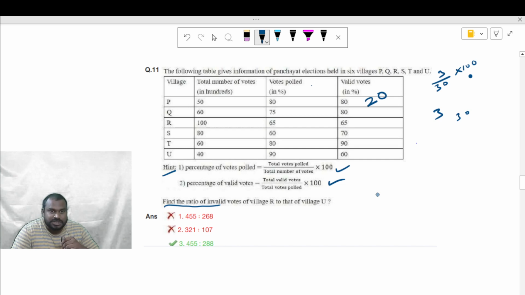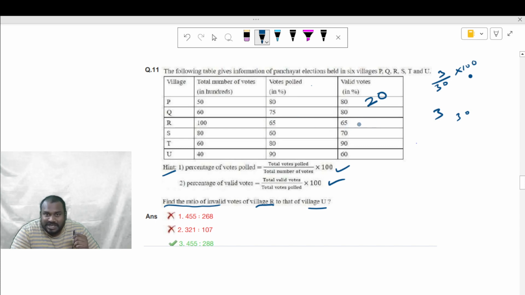Now coming to the question, you are supposed to find out for village R and for village U the ratio of what? Invalid votes. But we know only valid votes. Invalid votes we don't know. So we will find out invalid votes. See, for village R, 65% are valid votes.